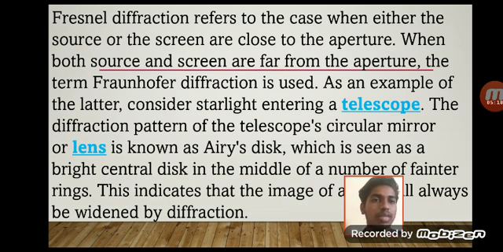The diffraction pattern of the telescope's circular mirror or lens is known as Airy's disk, which is seen as a bright central disk in the middle of a number of fainter rings. This indicates that the image will always be widened by diffraction.